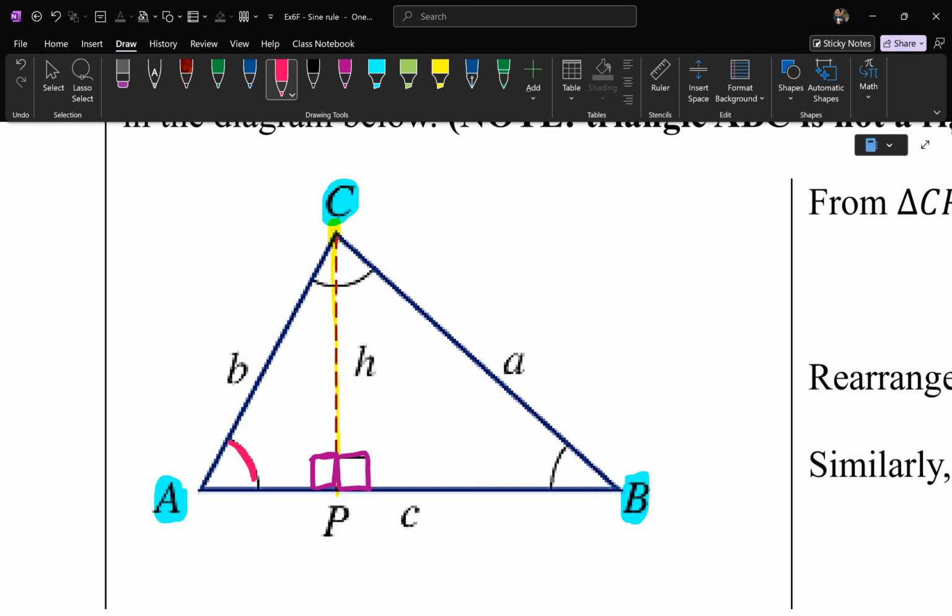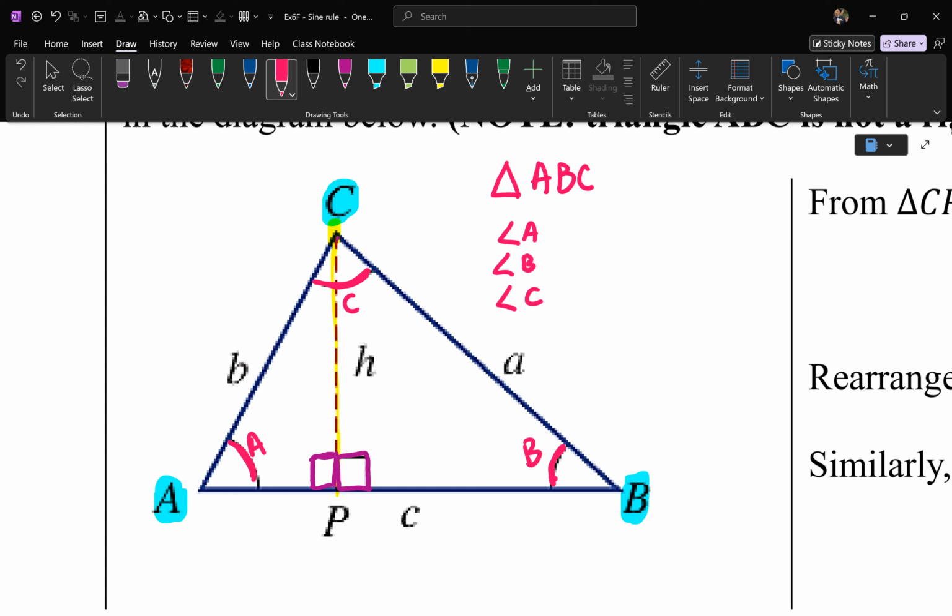So this corner here, we like to call that angle A. This corner up here, we like to call that angle C. And this corner over here, we like to call that angle B. In this triangle, that's the symbol for triangle, you say triangle ABC. So I've got this triangle ABC where there's angle A, angle B, angle C. Those are the notations I'm showing you.